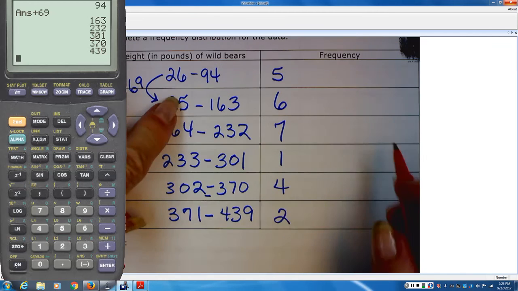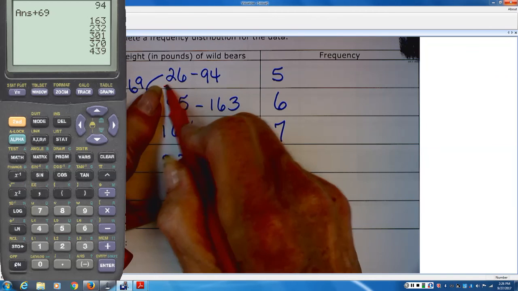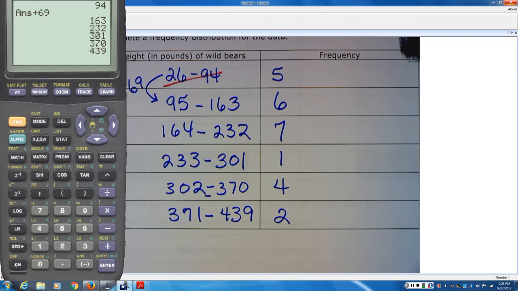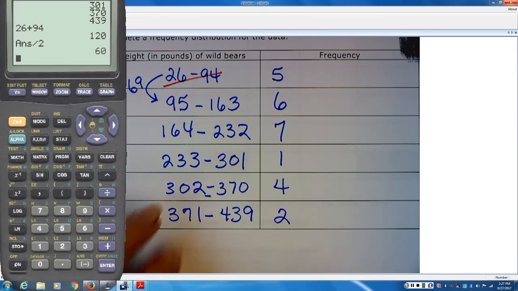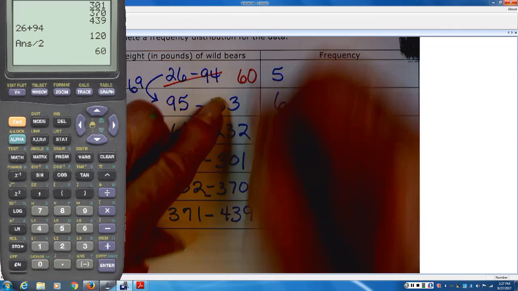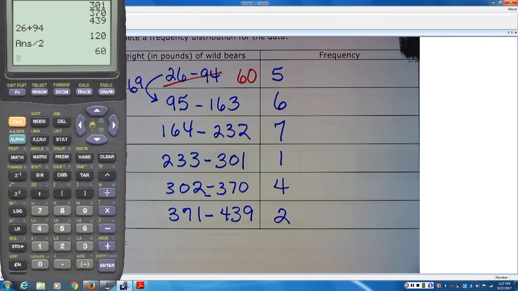So what I need then is to find the midpoint of 26 and 94. And that's 60. And since my class width is 69, then the rest of them I just add 69.